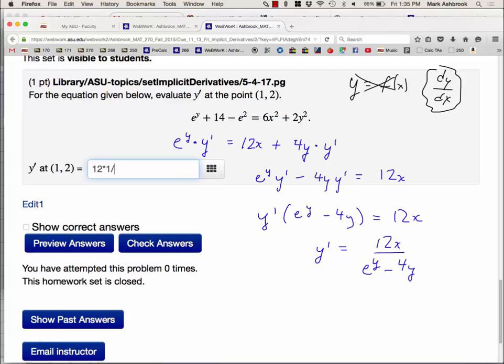And there's one more thing I want to show you. So we got 12 times 1 over e to the, what is y? 2, minus 4 times 2. Now here's another thing. I'm giving you limited attempts on these WebWork problems. So before you use an attempt, you can preview and see a nicer image of what you've put in.